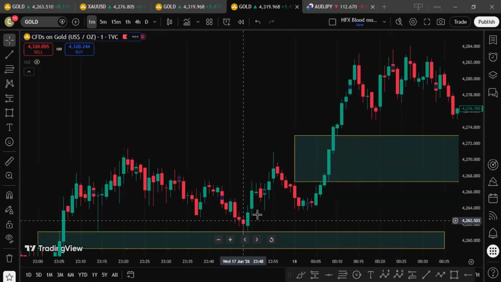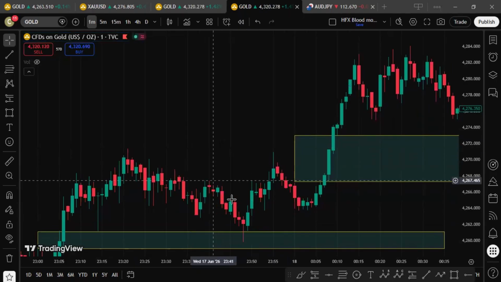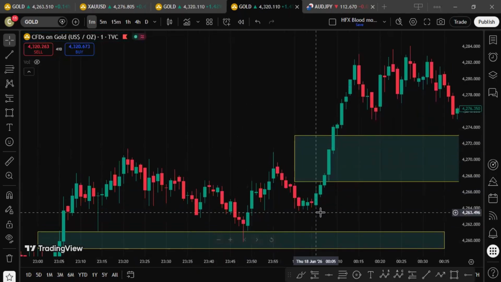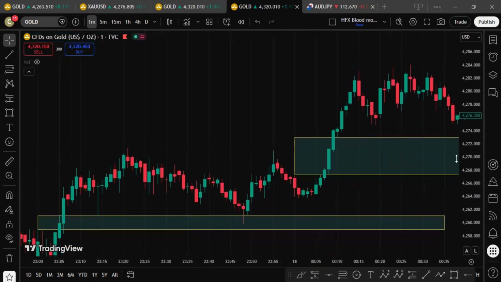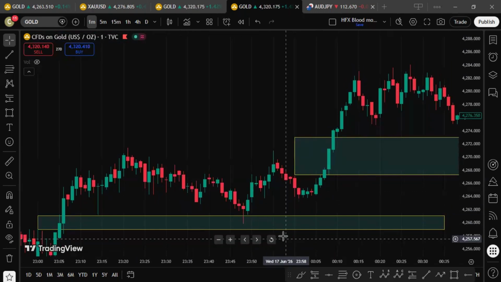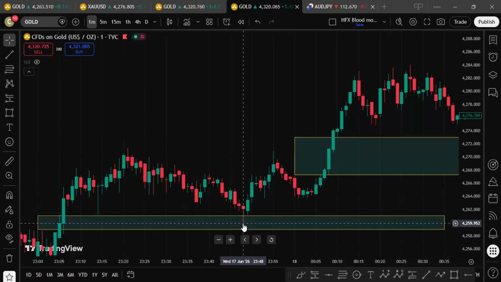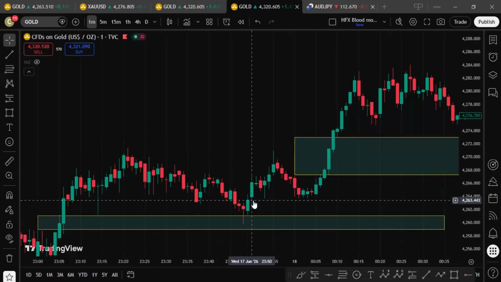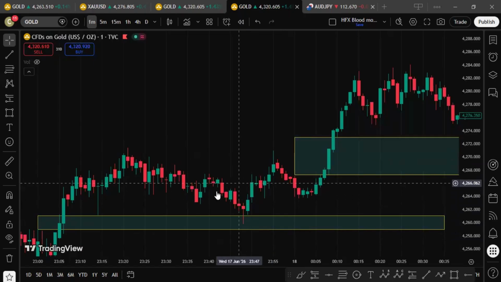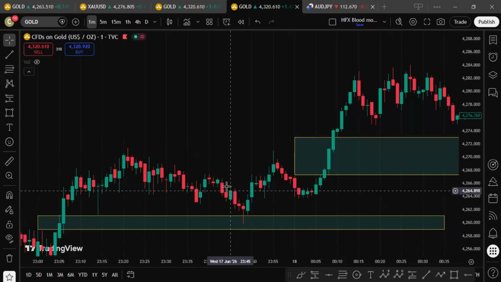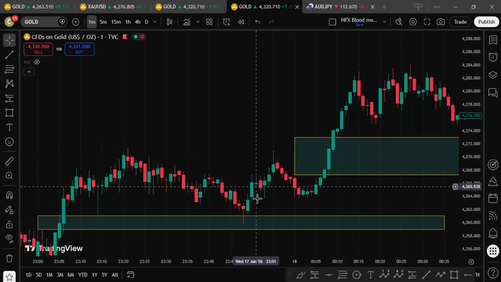Now, for this sell to be valid, you want this lowest point to be broken even more, right? Someone that doesn't really have an idea about what is happening will say, okay, I've gotten a new low, let me wait for a pullback into an area of interest, maybe this point, and start selling.